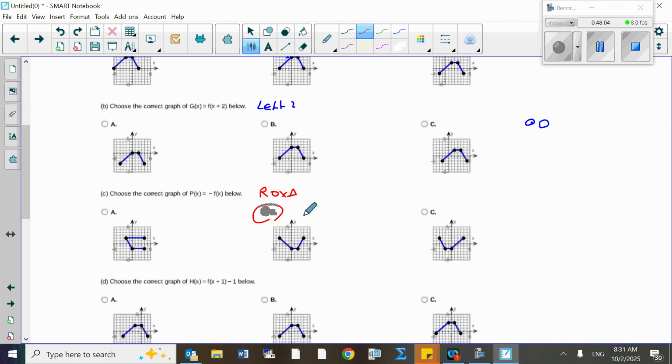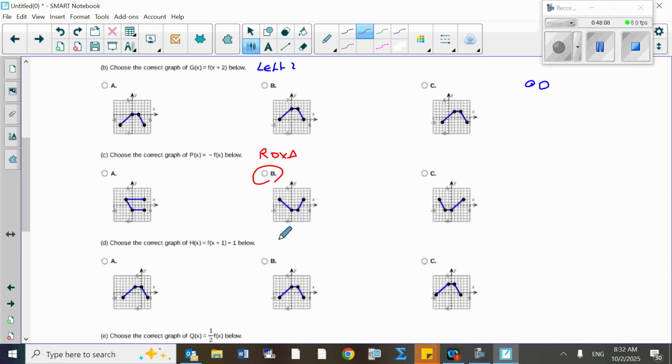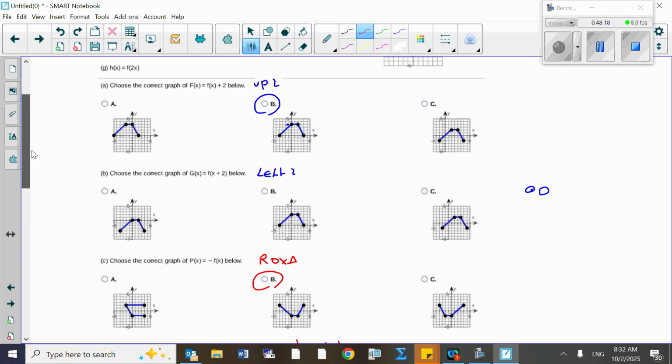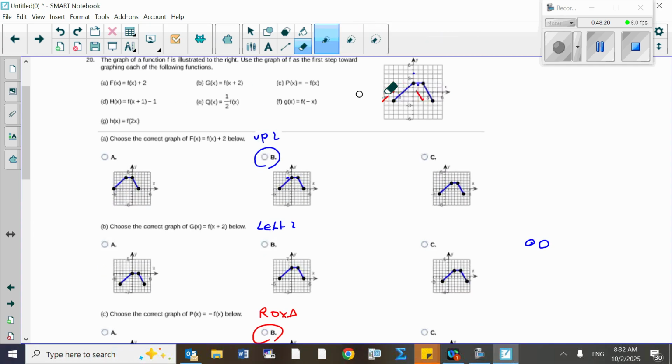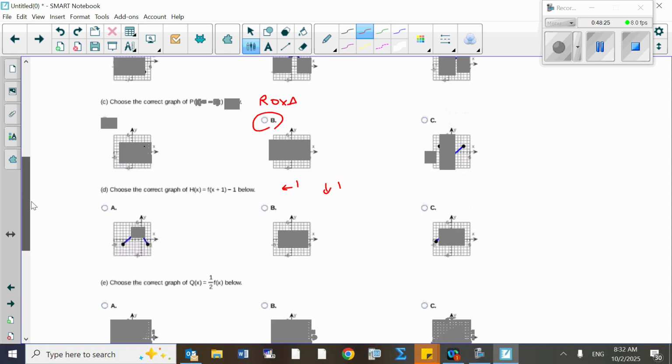It's just reflected over the x-axis. This one is moved left 1 and down 1. So again, I don't have that here in this shape. So if you see a graph that looks like this, with these points moved left 1 and down 1, then you should choose that one. I don't have the graph here.